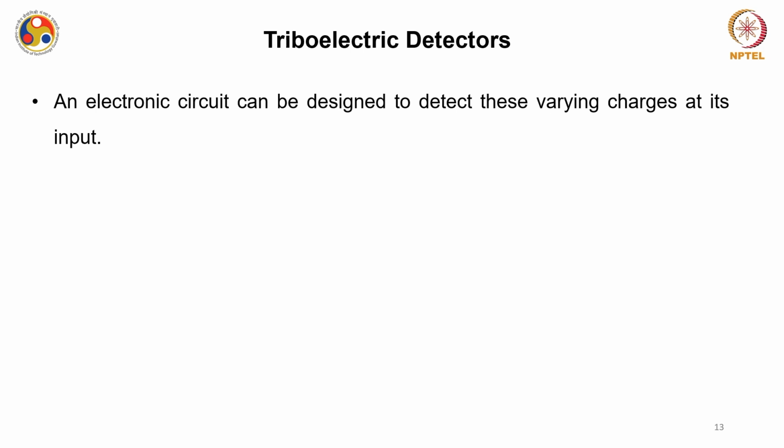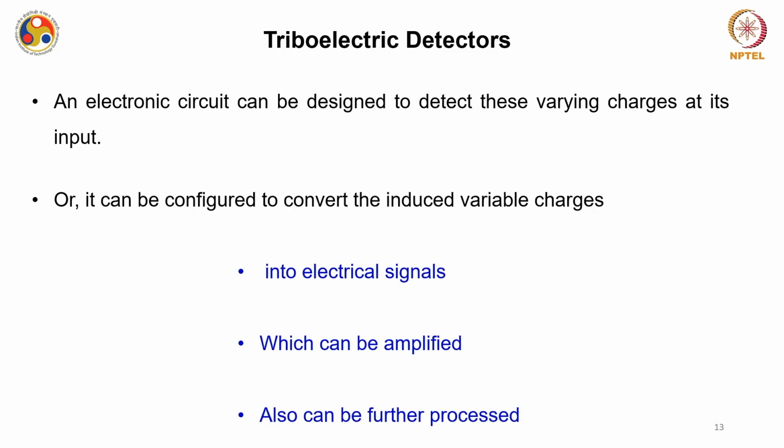Now an electric circuit can be designed to detect these varying charges at the input, or you can understand it as being configured to convert the induced variable charge coming on this plate into an electrical signal in the form of current or voltage, which can be amplified and further processed. This kind of sensor is known as a triboelectric sensor.